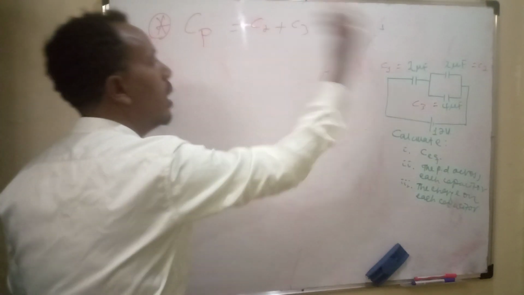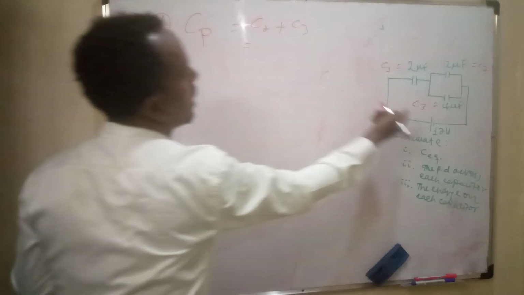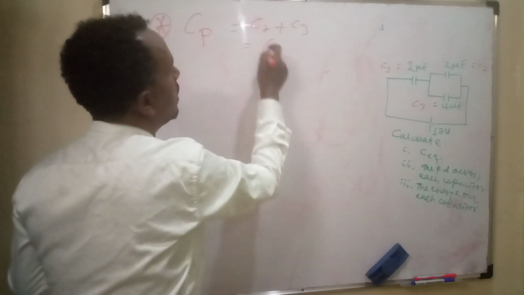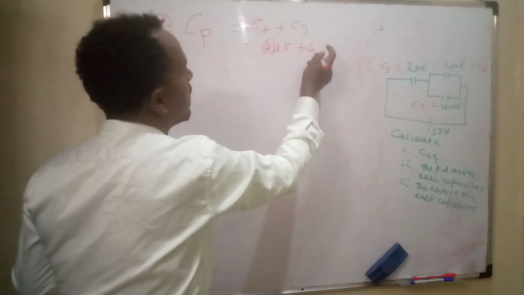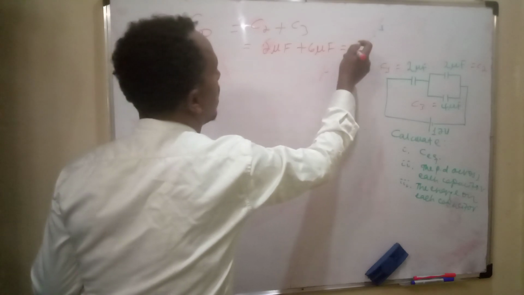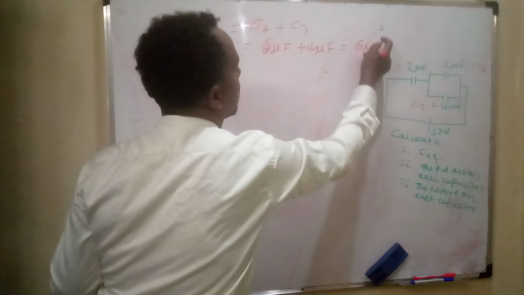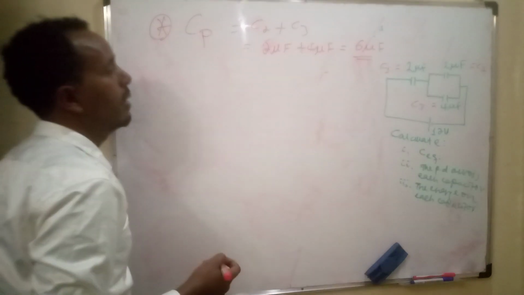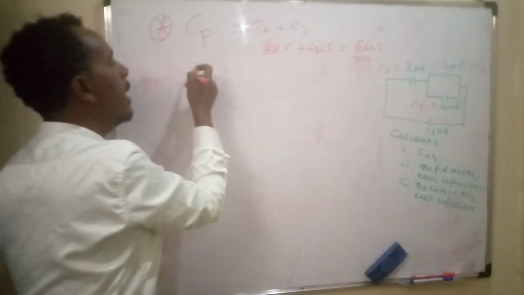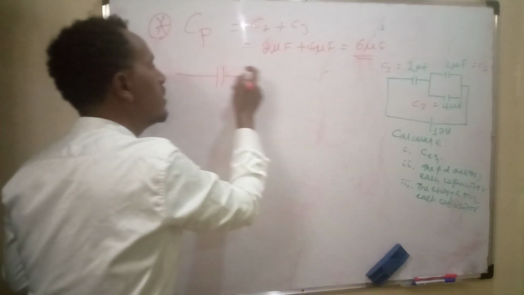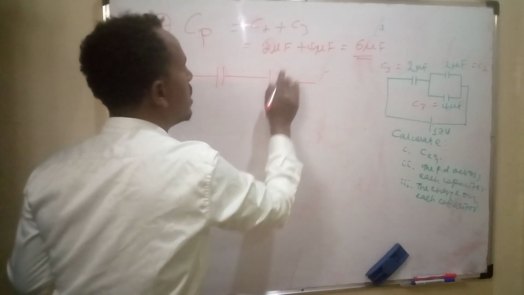The sum is 2 microfarad plus 4 microfarad, which is 6 microfarad. This is the total capacitance for the parallel connection. Therefore, this diagram can be rewritten as the first one, and this is the combined parallel connection.